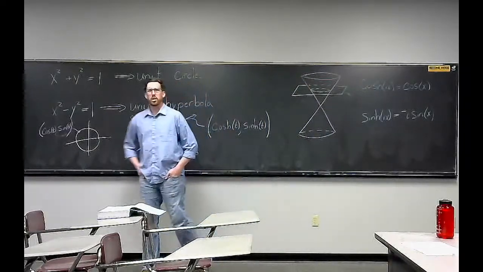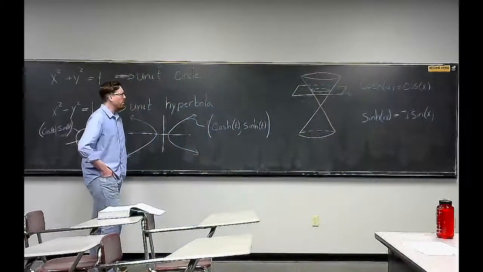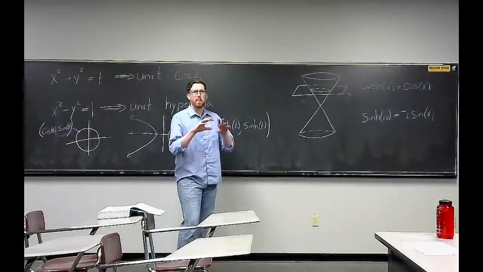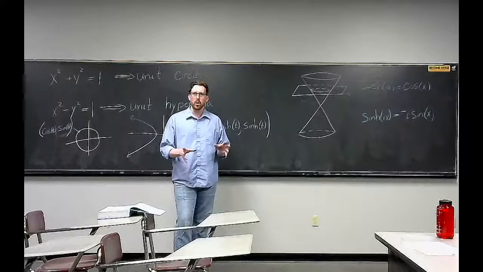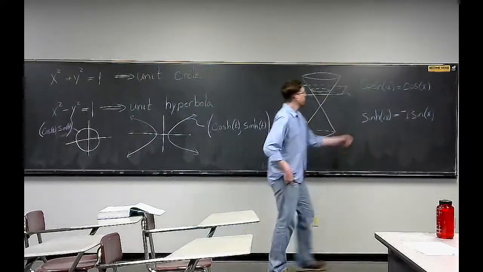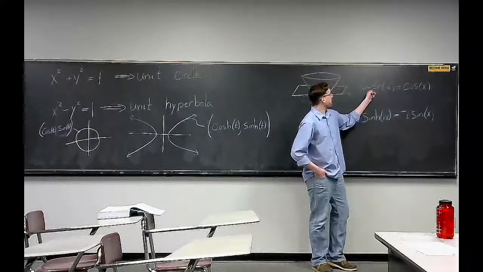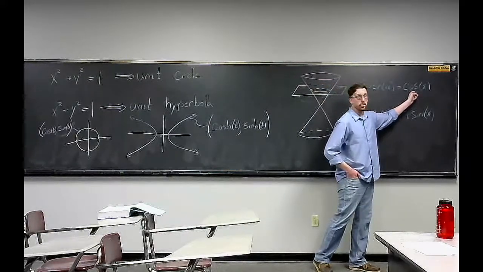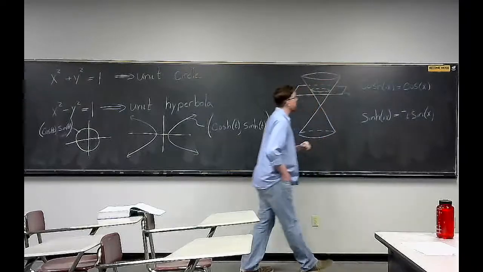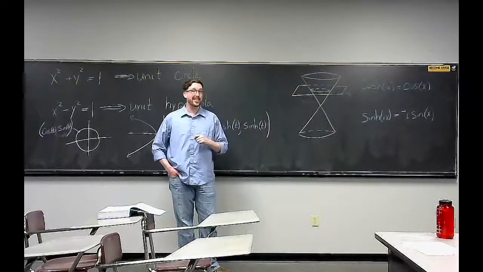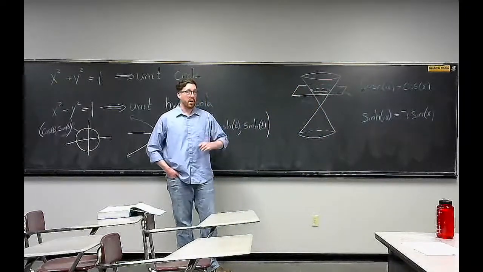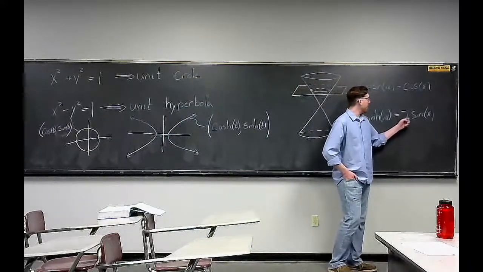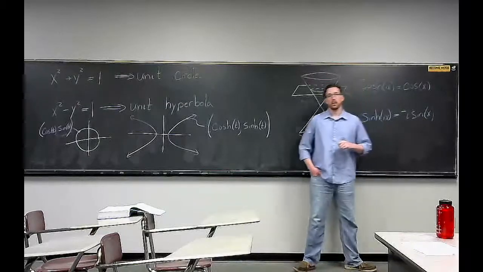Okay, so that's the geometric relationship. What about what's called the analytic relationship? How are these things mathematically, algebraically related? Well, hyperbolic cosine of the imaginary number i times x is equal to cosine of x. And the hyperbolic sine of i times x is equal to negative i times sine of x.